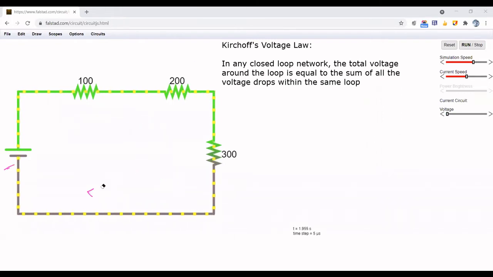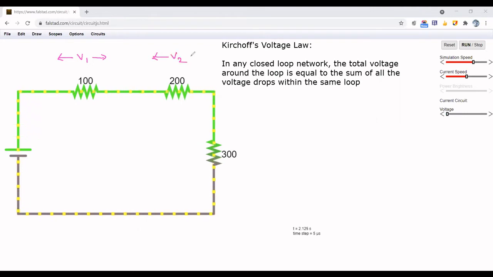For the sake of simulation, I have used a voltage source, and here we have three resistances. To construct a loop, I have used three resistances. Let me say that the voltage drop across this resistor is V1.